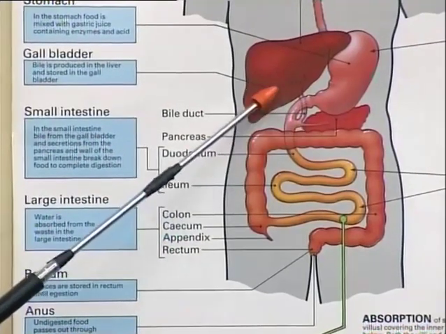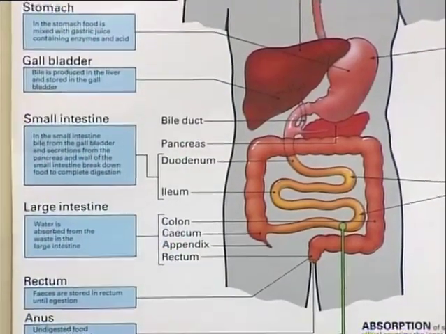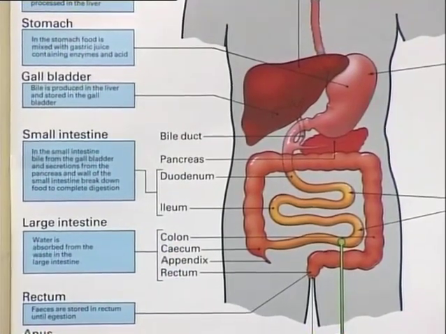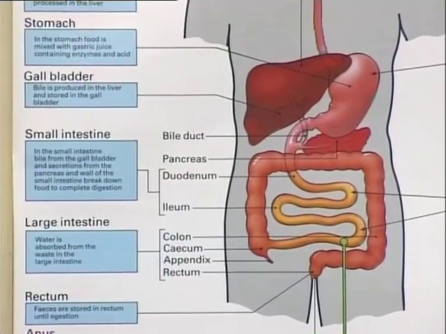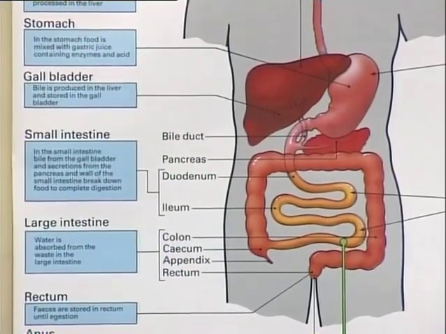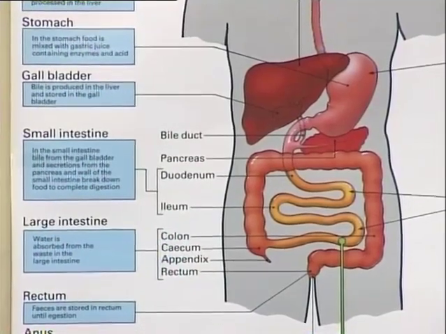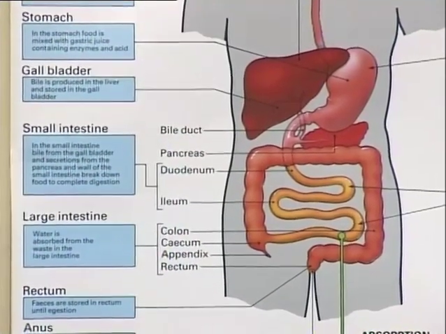That is called the gallbladder. And that is where bile, a digestive juice, is stored. It is produced in the liver and stored in the gallbladder. That juice helps to digest food.